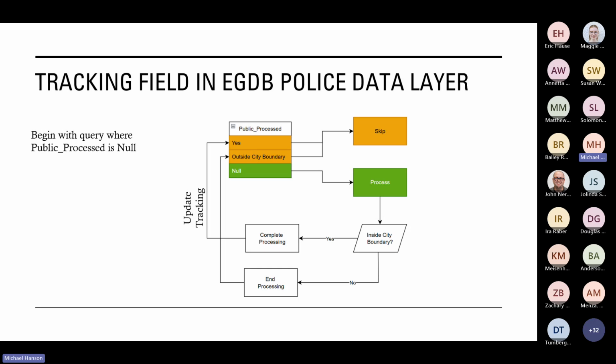And it'll get filtered out immediately the next time the script runs, as it starts with a filter that just looks for police incidents where this field is null. So after processing, like I said, it shifts to yes. If the point happens to be outside the city boundary, it'll change that field to outside city boundary. And likewise, it'll get ignored in the future, since our dashboard is really just looking at points inside the city.